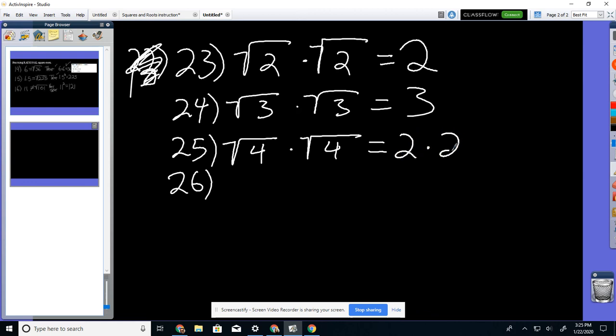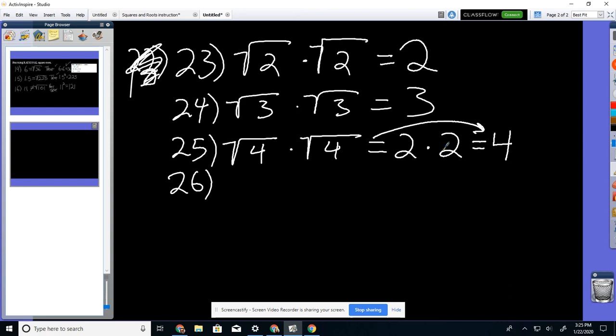So the square root of 4 times the square root of 4 is the same thing as 2 times 2. And you guys know what 2 times 2 is. It's 4, right? So we can see how we can jump over here to say the square root of 4 times the square root of 4 is 4. And we can prove it because we know what the square root of 4 is. It's 2.